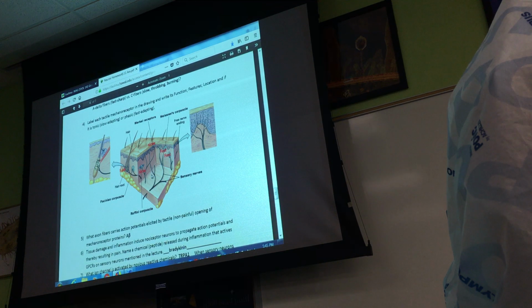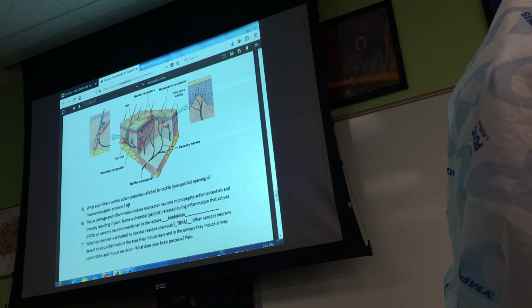Which ones are similar to the sensory neuron apparatus or encapsulated apparatus for the Golgi tendon organ and for the spindle fiber? The Ruffinis. So Ruffinis are basically the one in the skin, then there's the one in the tendon, and then there's one in the spindle.